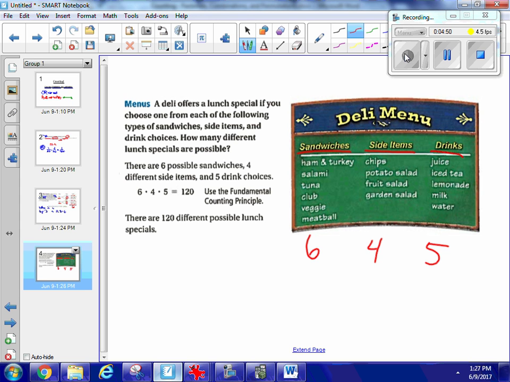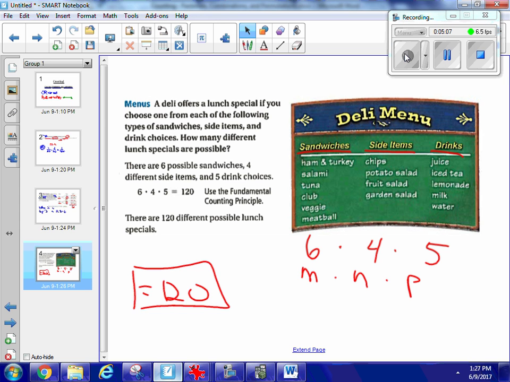It's 6 times 4 times 5, our fundamental counting principle, M times N times what we'll call P, and that equals 120. 120 different menu possibilities I can get from just these few selections. So you can see how the fundamental counting principle is going to become very helpful when we're dealing with lots of choices.